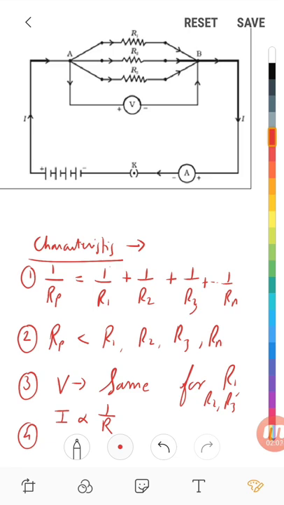If the resistance is greater, the current flowing through it is smaller, and if the resistance is smaller, the current flowing through it will be greater. This type of arrangement we use to decrease the effective resistance in the entire circuit. So do your best. Meet you in the next video.